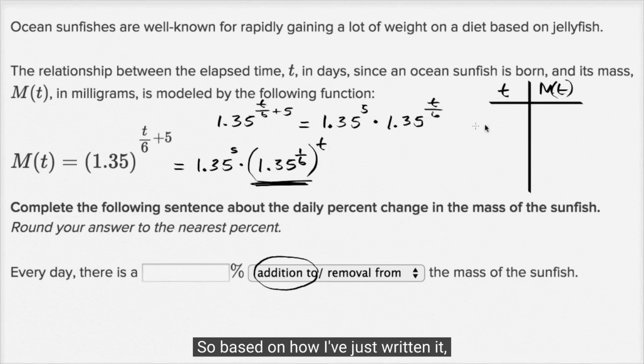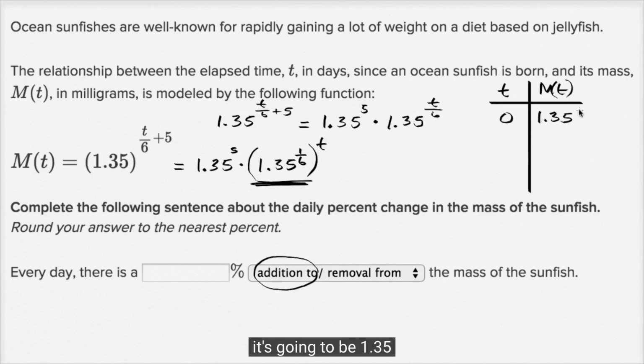So based on how I've just written it, when t is 0, this exponent is 0 and this is 1. So then we just have our initial mass, which is going to be 1.35 to the 5th power. And then when t is equal to 1, it's going to be our initial mass, 1.35 to the 5th power, times our common ratio, times 1.35 to the 1/6 power.